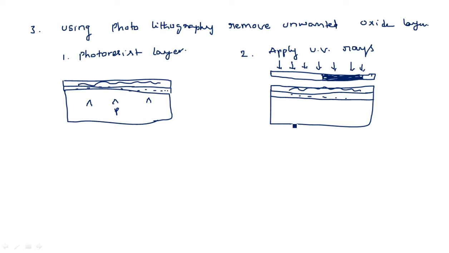Now the last step in this lithography is etching. Etching is nothing but removing the softer area.